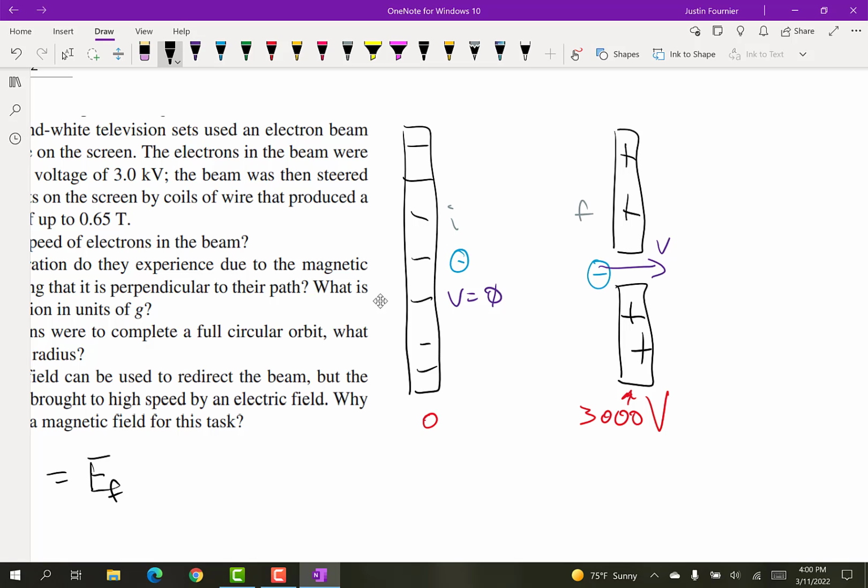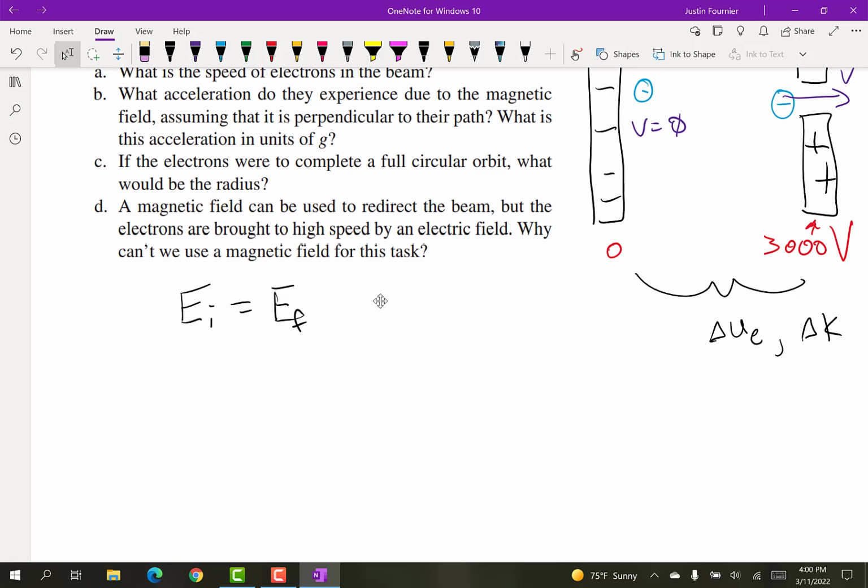So I've got a change in electric potential energy, but I also have a change in kinetic energy. And so in my conservation of energy, here's my initial electric potential energy plus my initial kinetic energy. And at the end, I'm going to have some final electric potential energy plus my final kinetic energy.